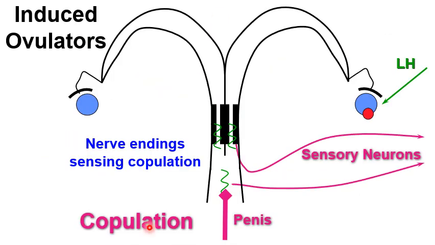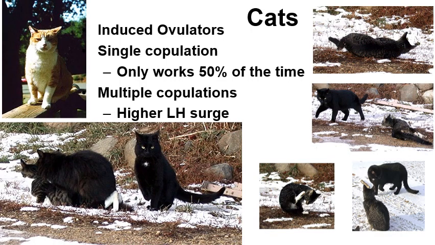An example of an induced ovulator is the cat. So in cats, Tom has spines in the penis, and biting of the neck of the female is an important copulatory behavior. So the success of ovulation in cats will be dependent on the number of copulation.